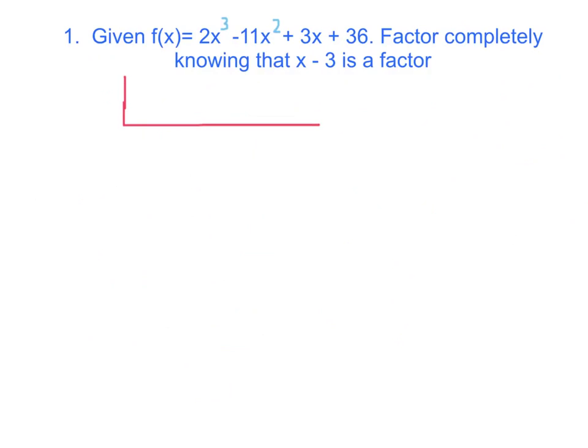Put in my leading coefficients, so I have 2 for the cubed term, negative 11 as my squared term, 3 as my x term, and 36 as my constant. But remember, if x minus 3 is a factor, then I'm dividing by the solution. The solution would be 3. So I'm dividing by 3.